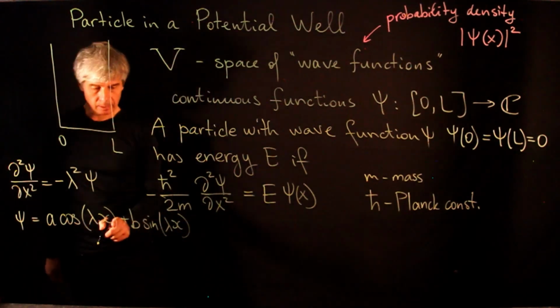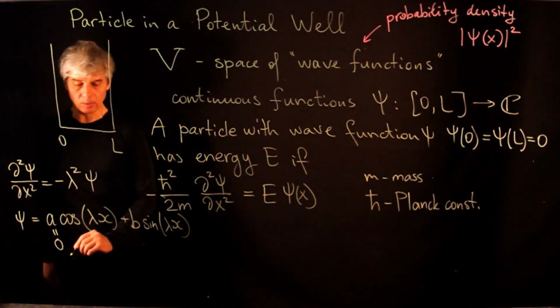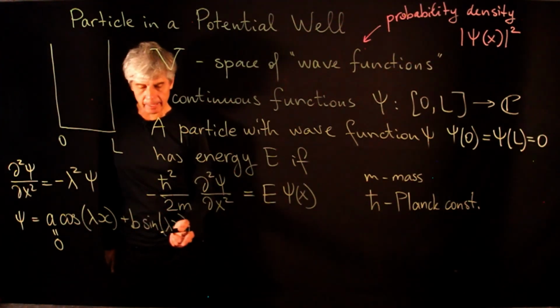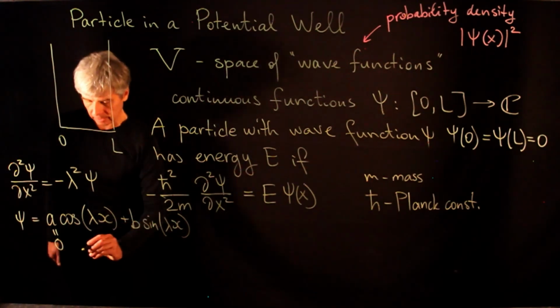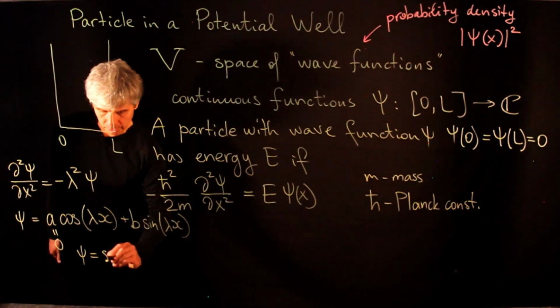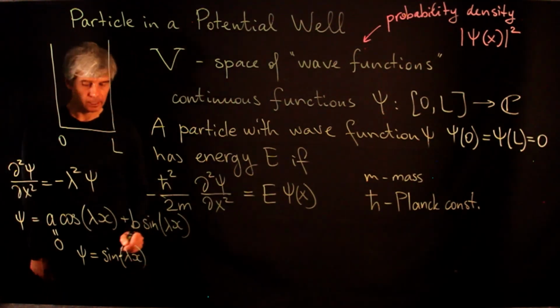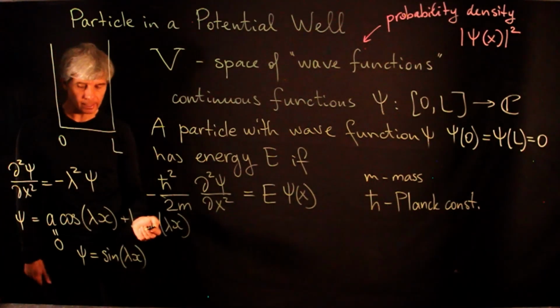The condition that psi of 0 is equal to 0 forces A to be 0, so we only have sine functions. And the equation is linear, so now we can drop B. So psi is sine of lambda x, and we have the vanishing condition at the other end.